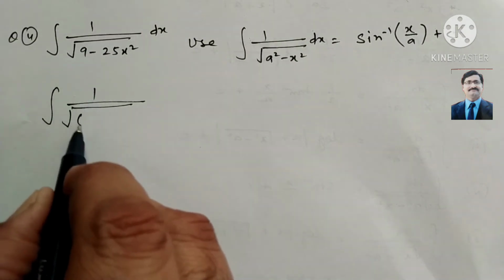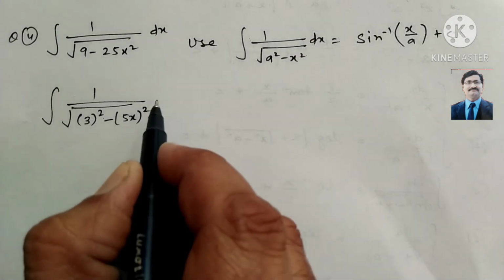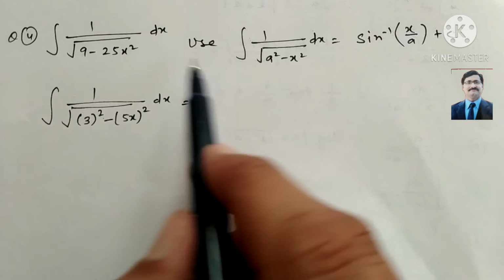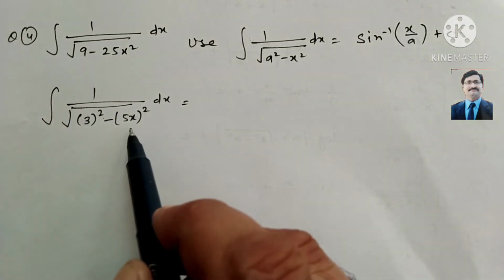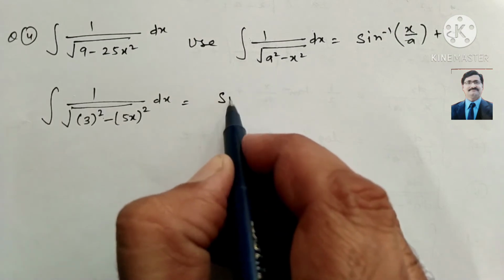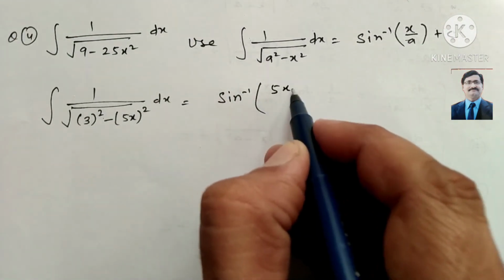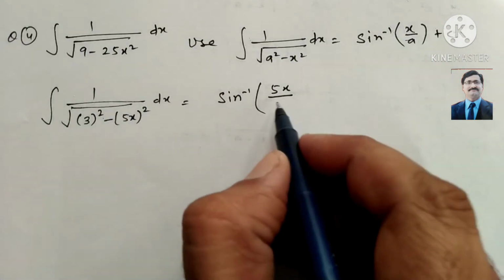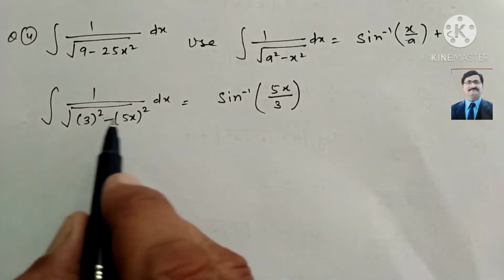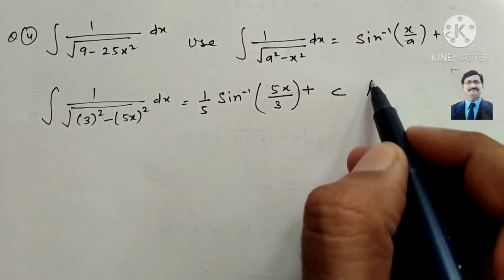This we write as 3 whole square, and this we write as 5x whole square, and dx. Here we compare: in place of x we have 5x, and in place of a we have 3. So we write as it is: sine inverse, in place of x we have 5x, and in place of a we have 3, so 5x upon 3, and the coefficient of x is 5, so we have to divide by 5, plus c. This is our answer.